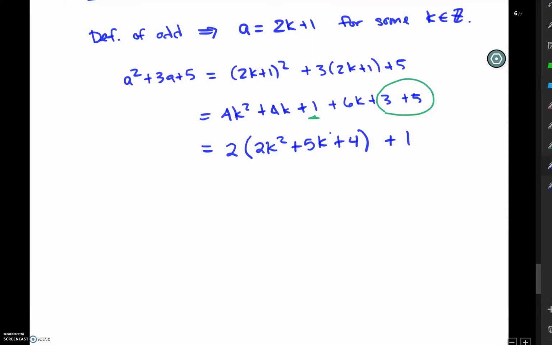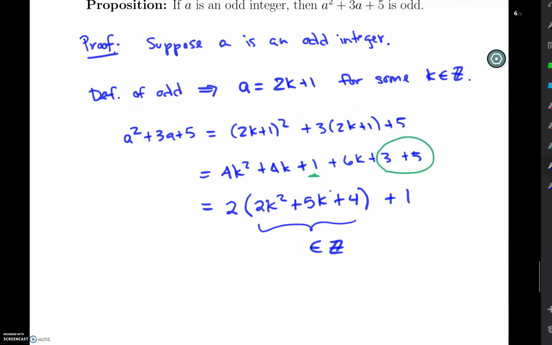And then we'll leave that plus 1. Now again, we know that this has to be an integer because the integers are closed under addition and multiplication. So when we put that together, we get an integer. So now we've written a squared plus 3a plus 5 as 2 times an integer plus 1.